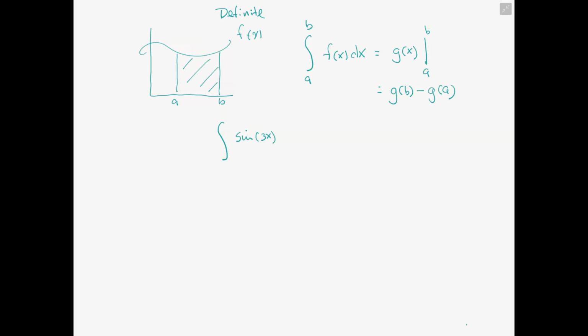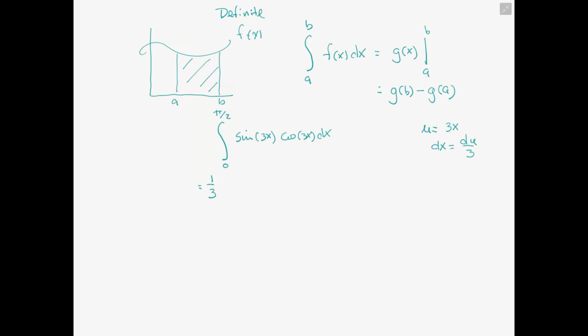And that's how a definite integral is evaluated. So let's take a look at an example. We're given the integral of sine of 3x cosine of 3x dx between 0 and pi on 2.